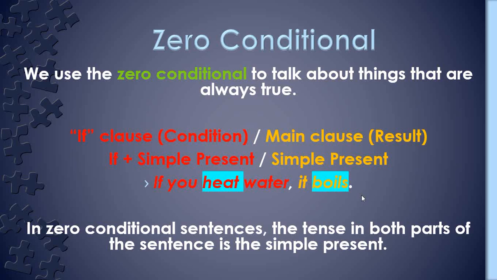If you are heating water, it is always going to boil. And as we can see, the verbs heat and boil are in simple present. Now, in zero conditional sentences, the tense in both parts of the sentence is the simple present.